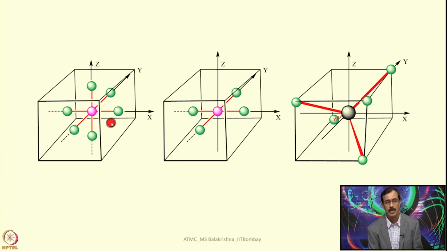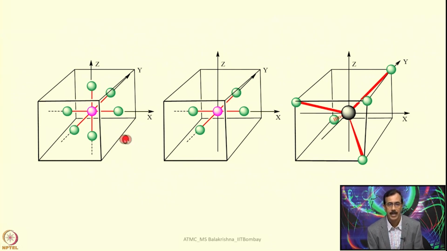As a result, they are having much lesser interactions, and this is where the splitting of d orbitals into Eg and T2g, with T2g having slightly lower energy and Eg having higher energy, comes into the picture.